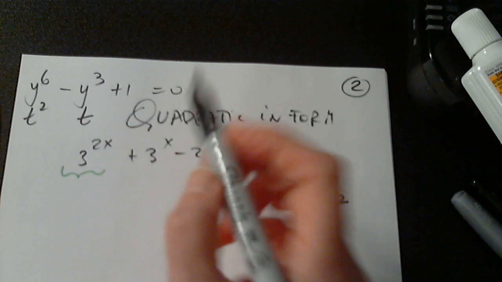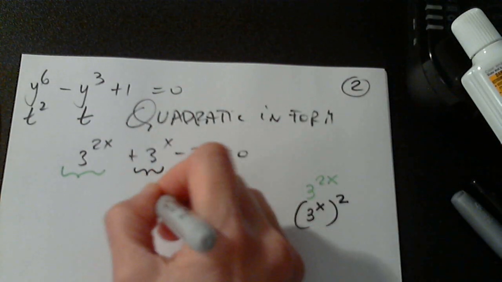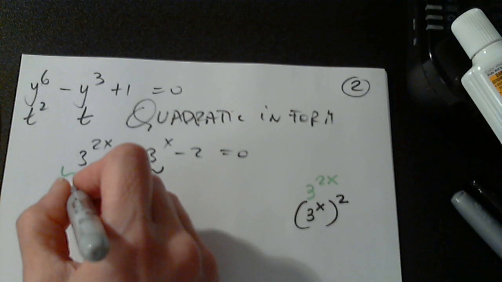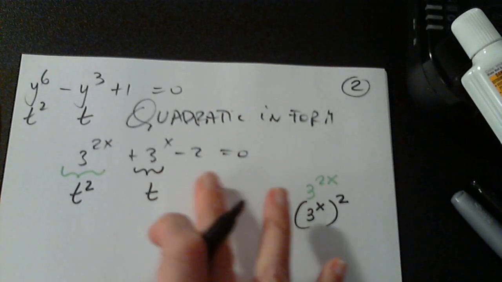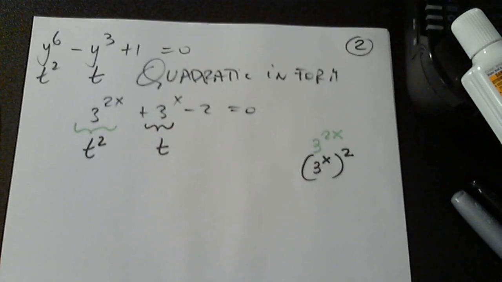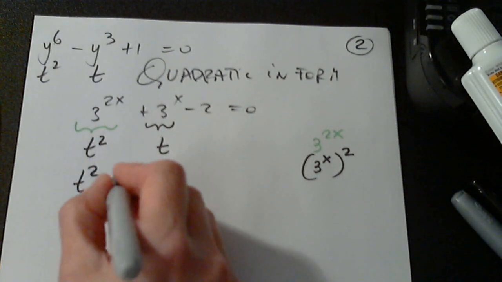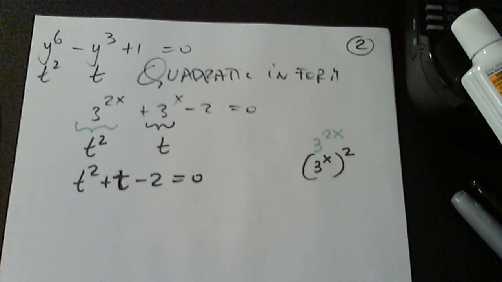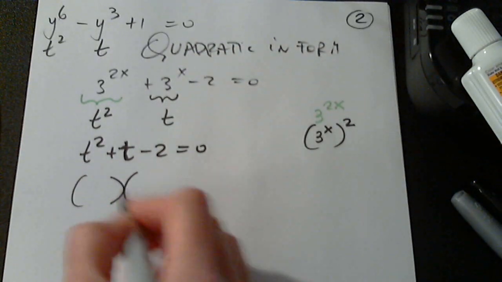Yeah. Exactly. So then you're saying that this should be t, and then this should be t squared. Yes. So it turns out that this is indeed quadratic in form. Nice. So t squared plus t minus 2 equals 0. I know that somebody will factor this for us quickly.